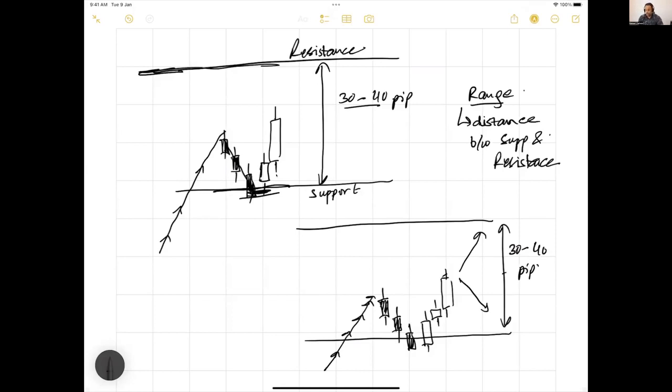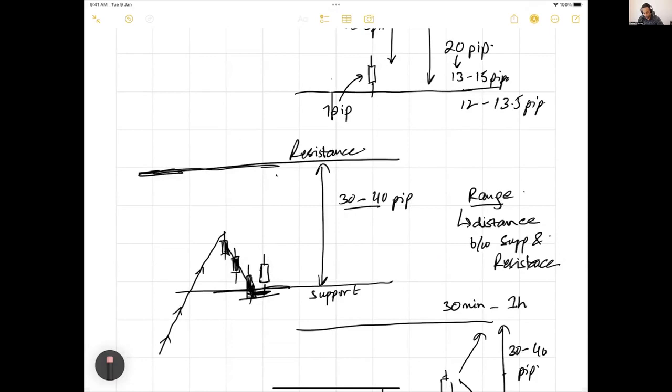And if this is a 30-minute range, or even a 1 hour range, and we're in the middle of it, there's a 50-50 chance price will either go up or go down. But if price is at support on a 30-minute to 1 hour range, then there's a higher probability that price is going to go up.